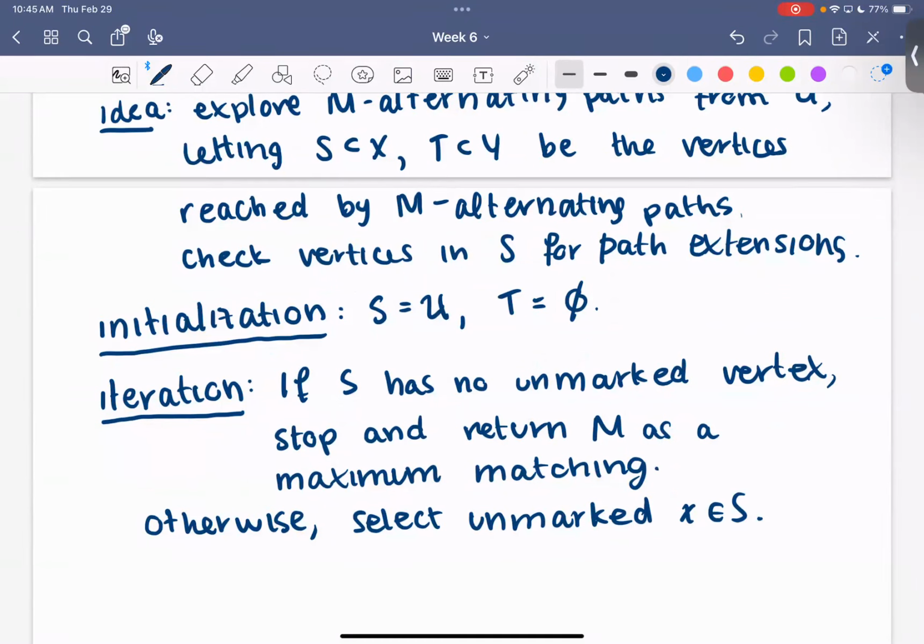So to explore X, I'm going to consider every Y in its neighborhood such that X, Y is not in the matching.